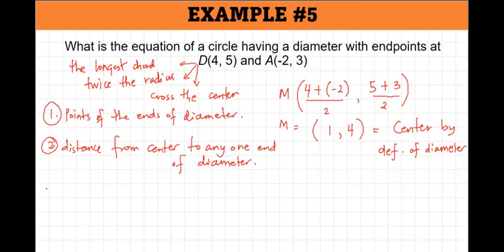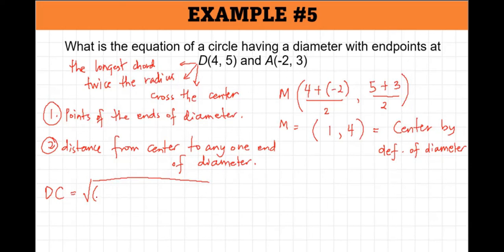Okay? So, DC, point D to the center, that would be equal to, distance formula tayo. So, kahit saan dyan na gamitin mo, pwede mo na silang pagpalitin yung x sub 1, x sub 2, kasi i-square mo naman sila at the end. What matters is, mag-minus yung dalawang x, and then i-plus yung mga y.